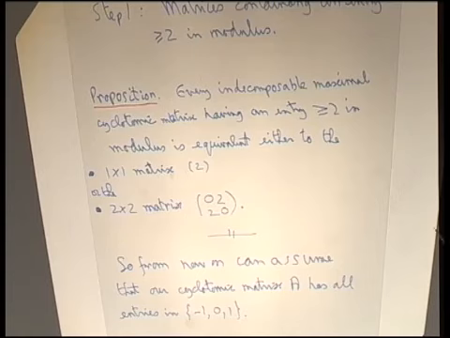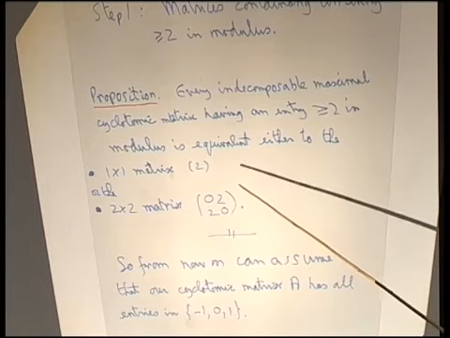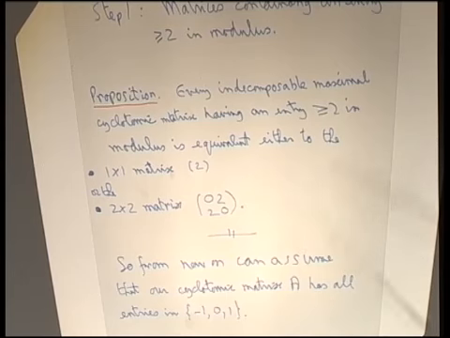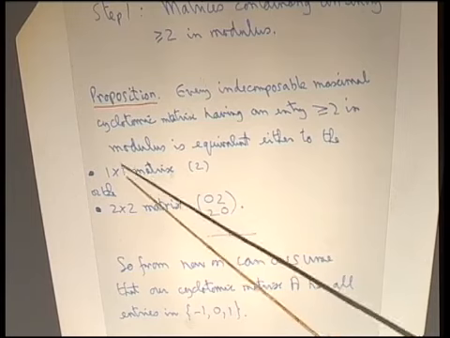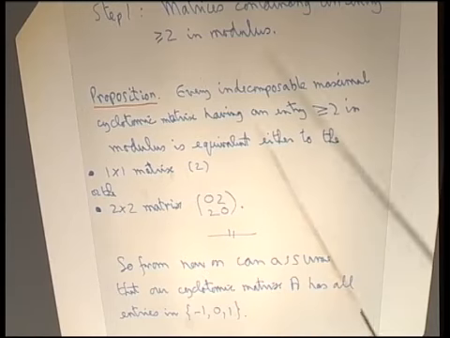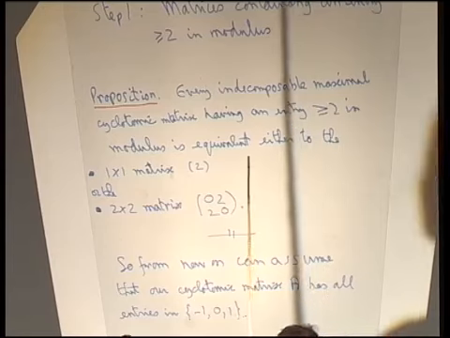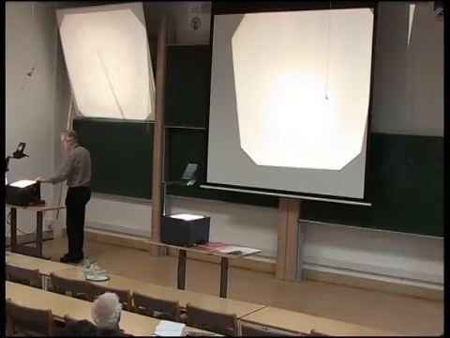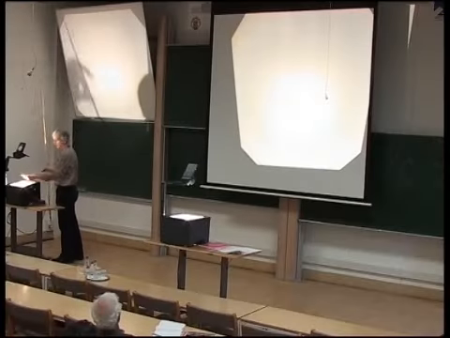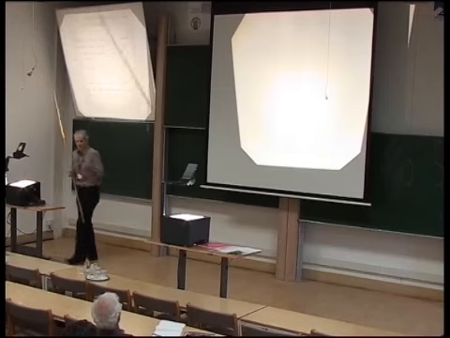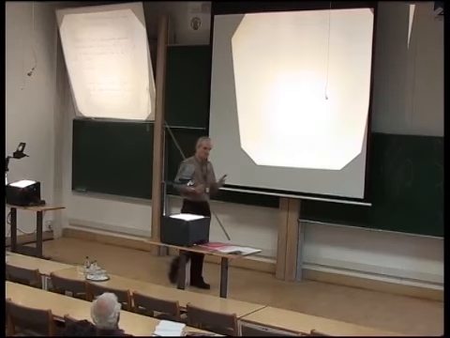There are only two examples, the 1 by 1 and 2 by 2. Right, so thereafter we can consider matrices only with 0, 1 and -1.